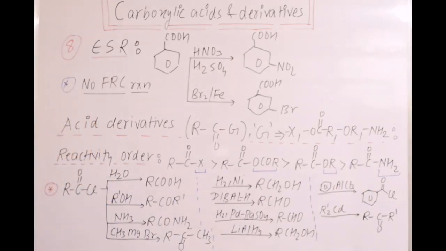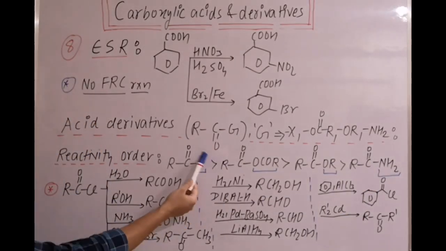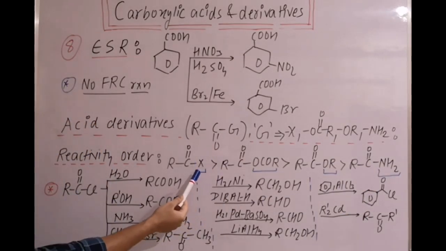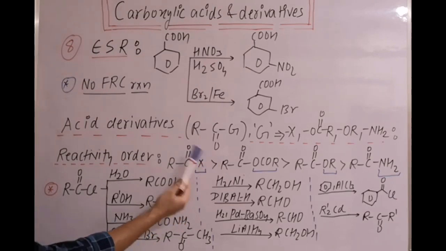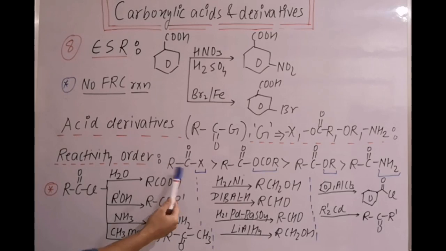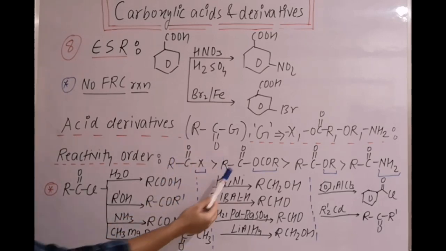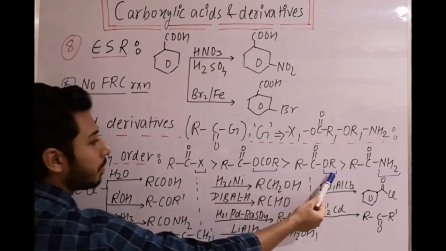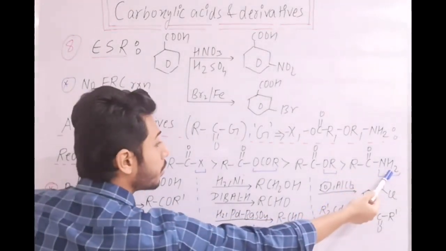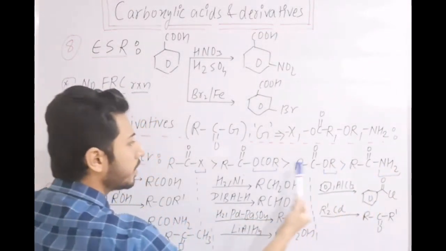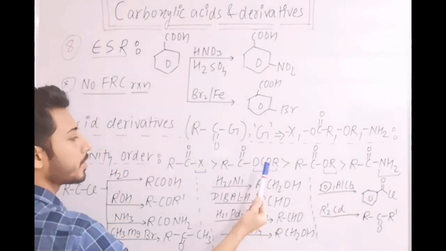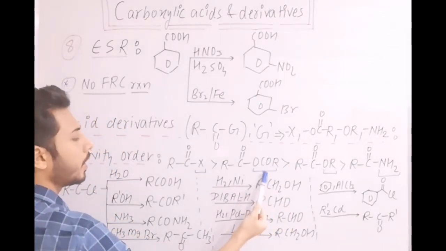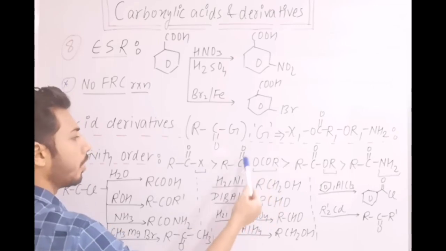This we can easily explain. Here the halogen's dominating effect is withdrawing, which is -I. This makes the carbon more electron deficient, faster in the substitution, faster attack of nucleophile. Then in OCOR, OR, and NH2, plus M dominates. Among these three groups, OCOR has the weakest plus M. That's why it is faster in the attack of nucleophile.